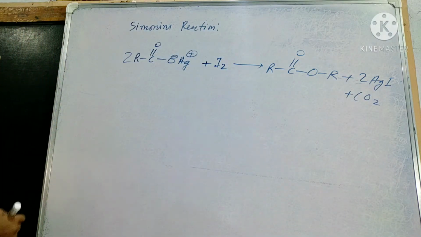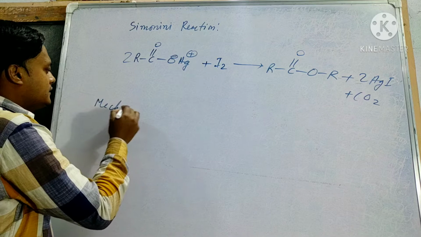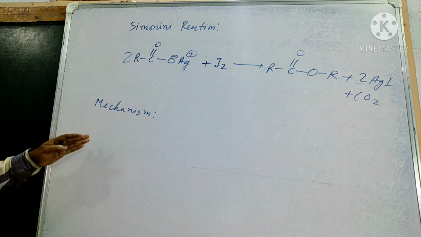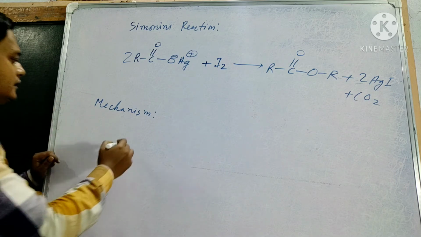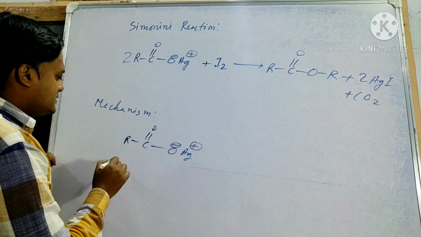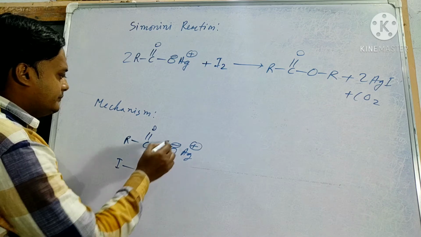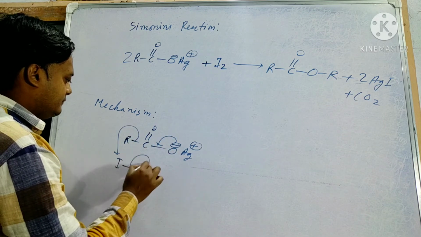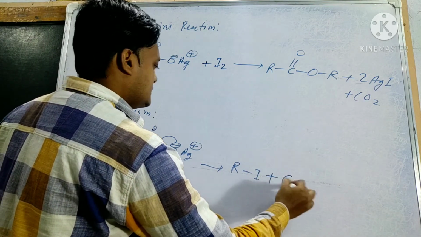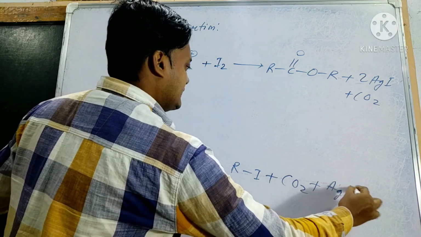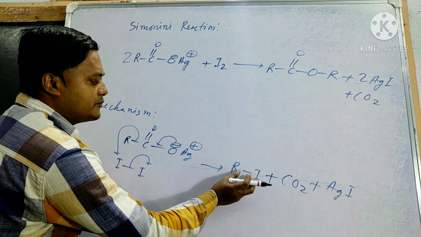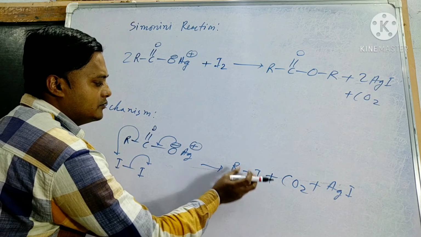Now what is the reaction mechanism? See, in the first step it is similar to Hunsdiecker. So first step it will form RI plus CO2 plus AgI. Now in RI, the size of iodine is more, so that bond is unstable, the RI bond is a weak bond.